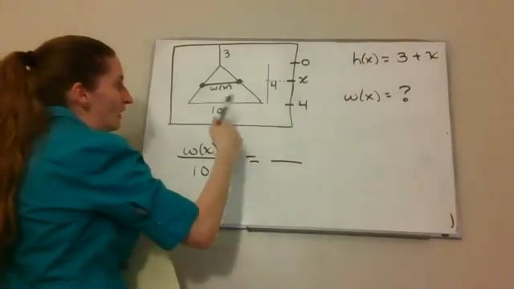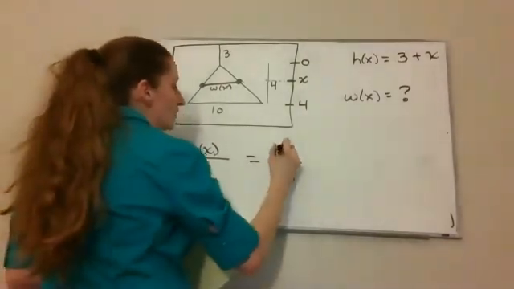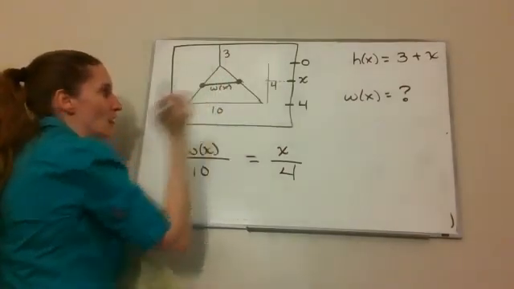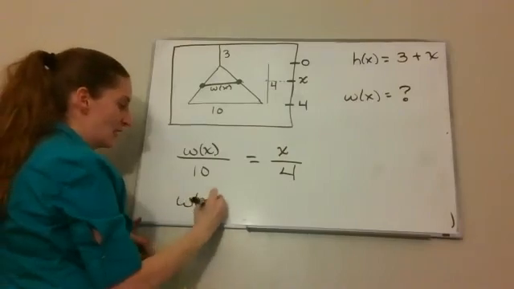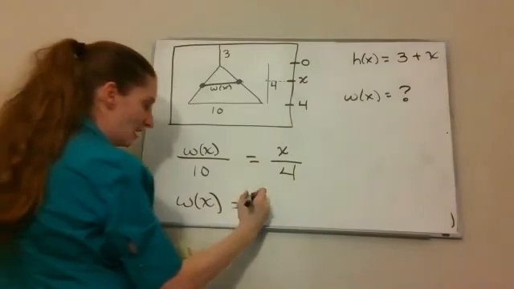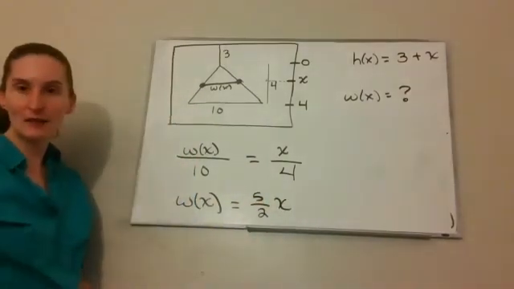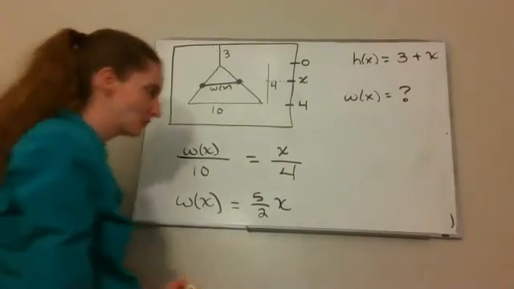Well, I have an altitude of 4 for the big triangle and an altitude of just X for the little triangle, because it's the distance from just 0 to X. Now I can solve this to get that my W of X is equal to, multiply by 10, you get 5 over 2 times X, and that is my width of the surface at any point X.